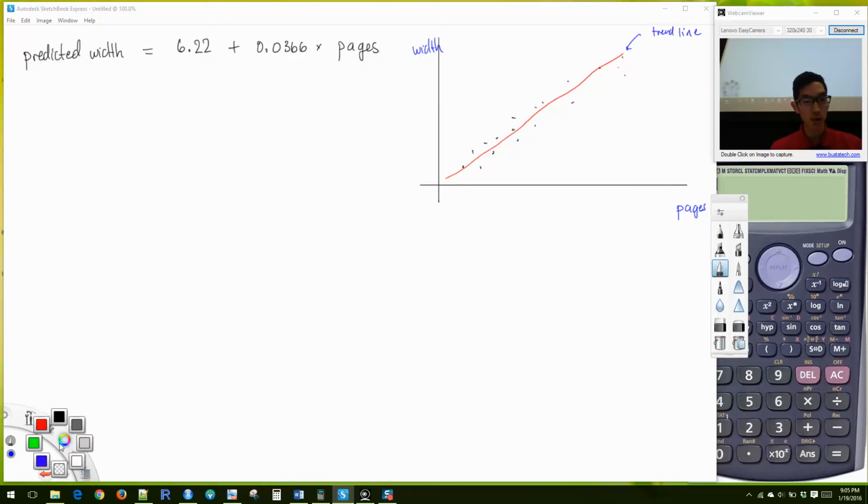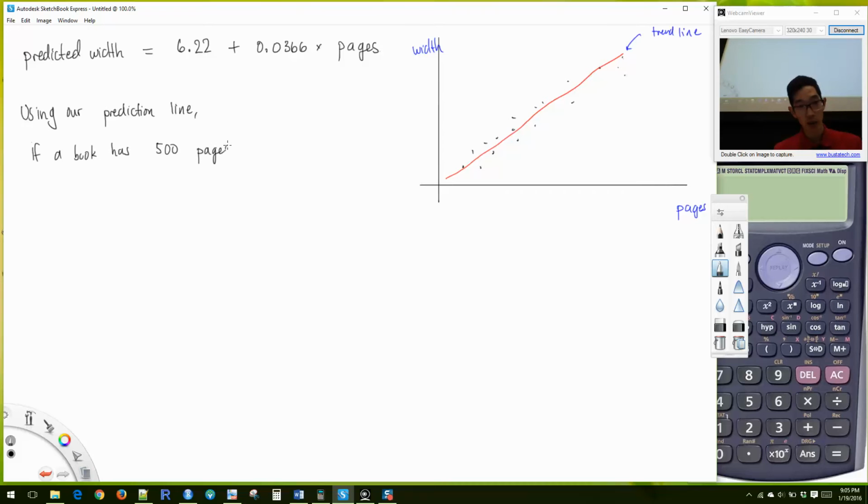So using our prediction line, we can make predictions for a particular book. If a book has 500 pages in it, then we would plug that in.